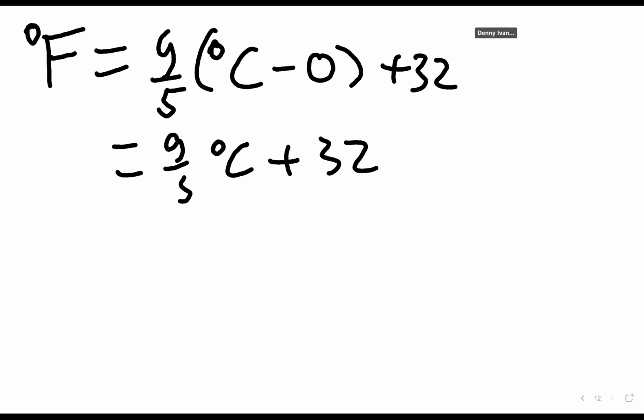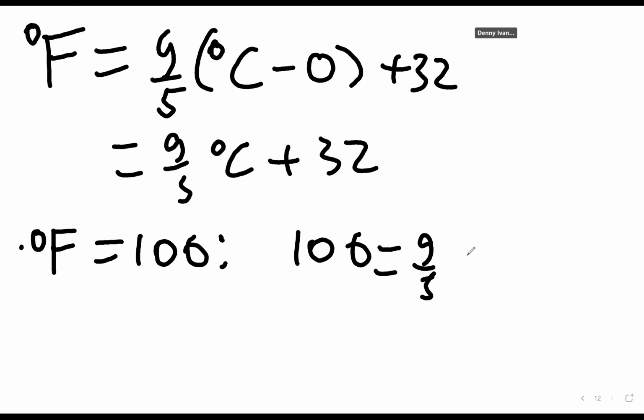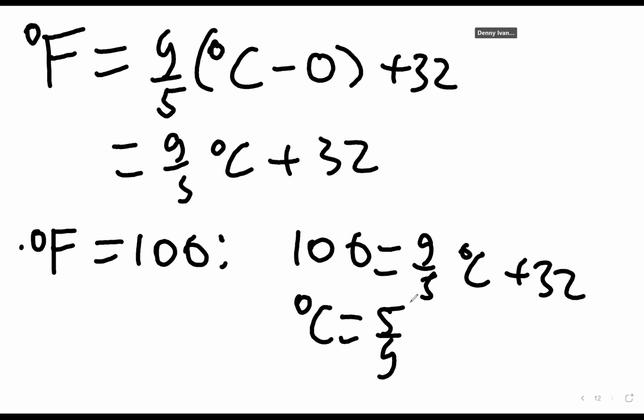Now we want to convert 100 degrees Fahrenheit to Celsius. If degrees Fahrenheit is 100, then we put 100 there: 100 equals 9 over 5 Celsius plus 32. Just subtract, so degrees Celsius will be 5 over 9 multiplied by 100 minus 32, and that will be 68.